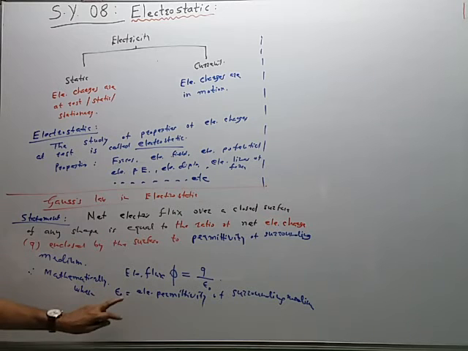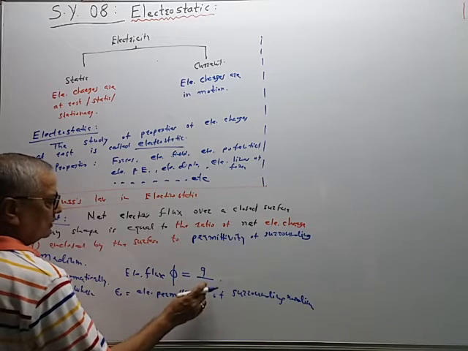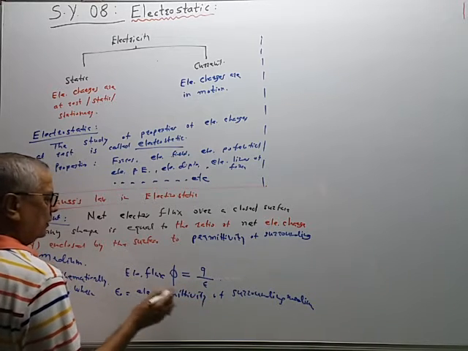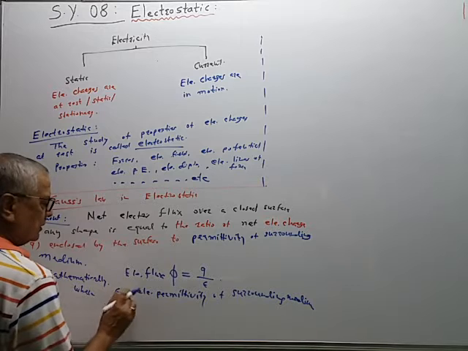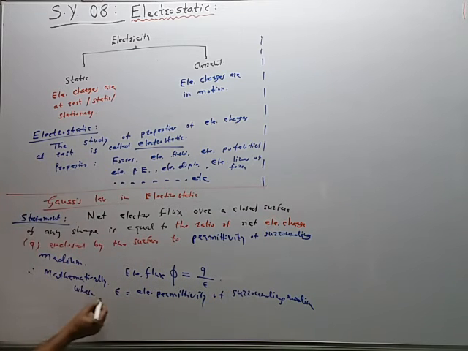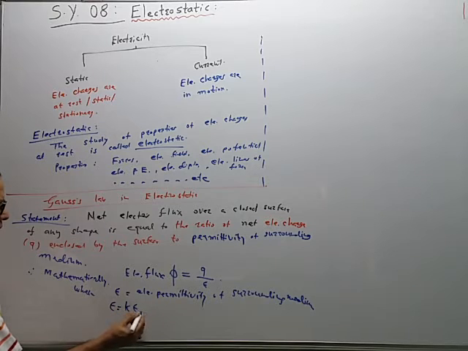Actually, if the medium is air, then we use epsilon naught. If the medium is not air, not vacuum, not free space, then we will use only epsilon. So you can also write it like this: phi is equal to Q upon K epsilon naught, the electrical permittivity of the surrounding medium, and this epsilon is given by K times epsilon naught.